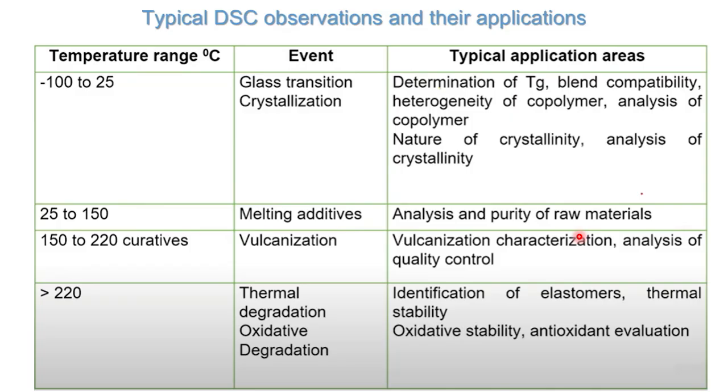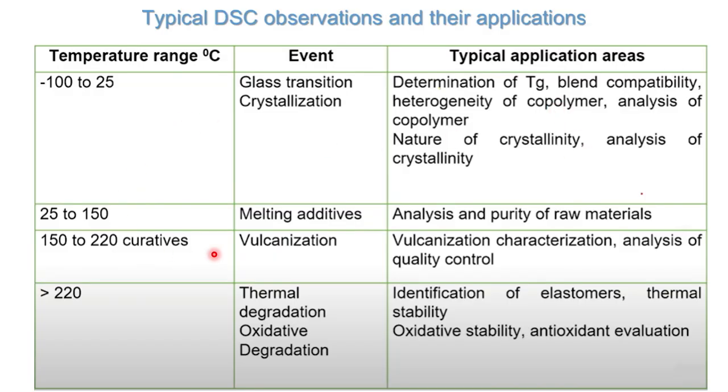In the temperature range of 25 to -100, that is glass transition or crystallization, you can determine the Tg, blend compatibility, heterogeneity of a copolymer, nature of the crystallinity and amount analysis of crystallinity.